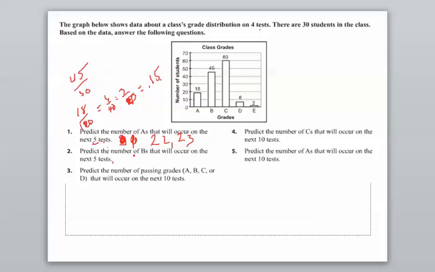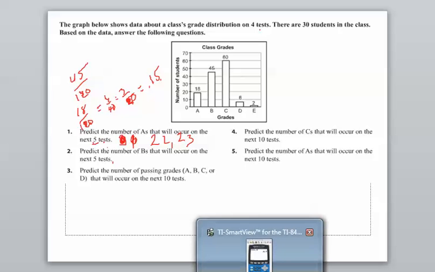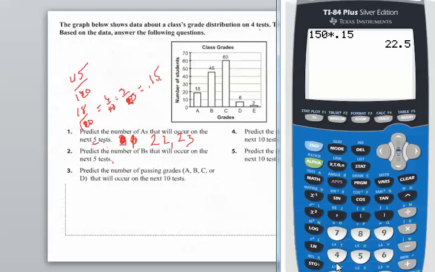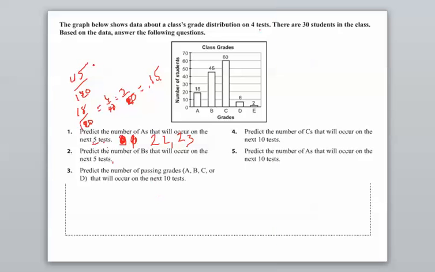Predict the number of B's. Well, that's 45 out of 120. I'm going to just do that on the calculator. 45 divided by 120 gives me 0.375, and they want to know how many B's will occur in the next 5 tests.